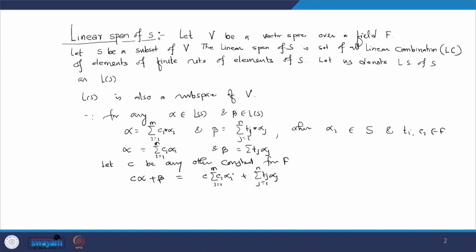So, this is again a linear combination of alpha 1, alpha 2, and so on.